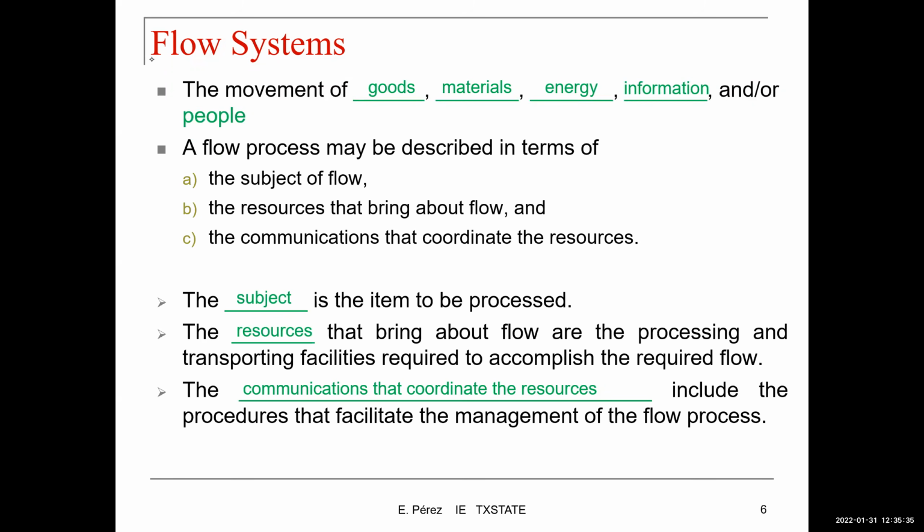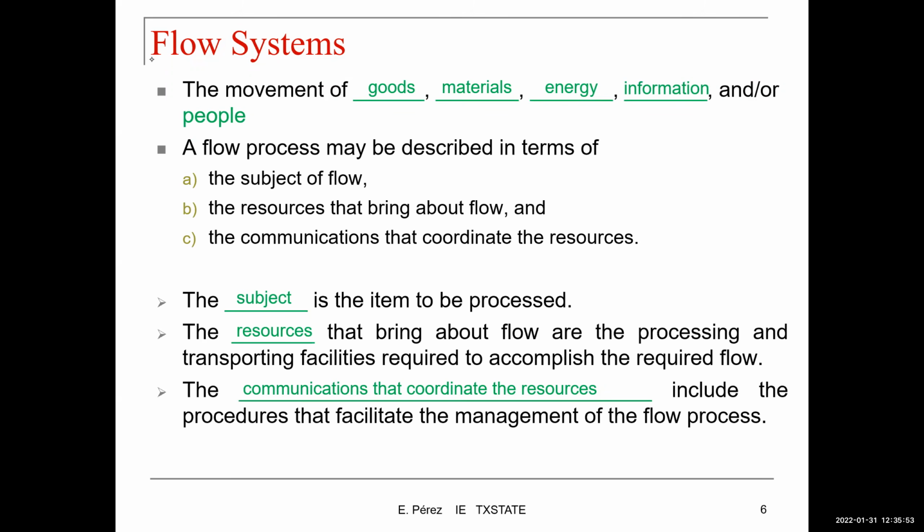Sorry about that. So flow system, look at the movement of goods, materials, energy, information, and/or people inside the facility. So we often refer to this as the entities. What is going to be moved through the facility?